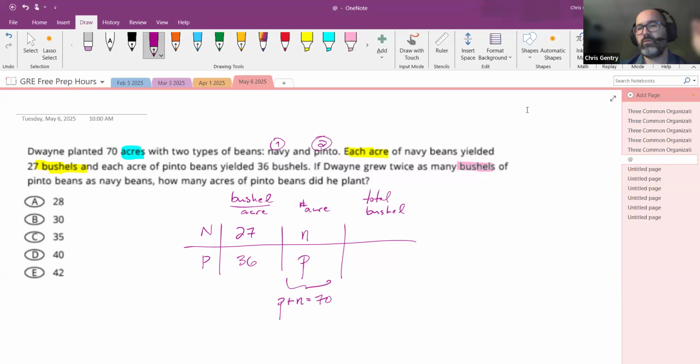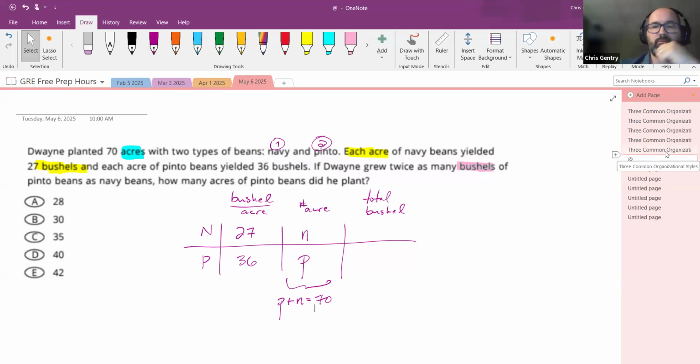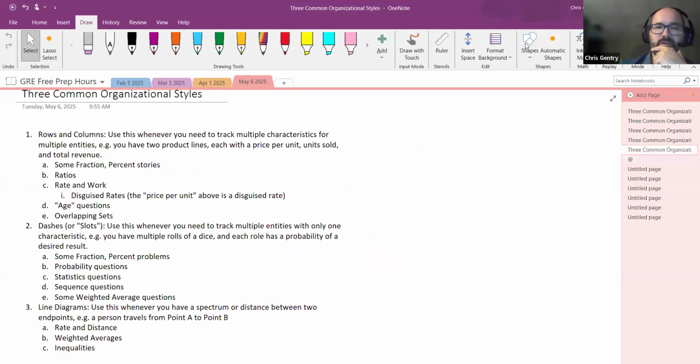Now, this problem is actually a really nice disguised rate work question. Any this per that is a rate. We normally think of it as like kilometers per hour or miles per hour, but any something per another thing is a rate.